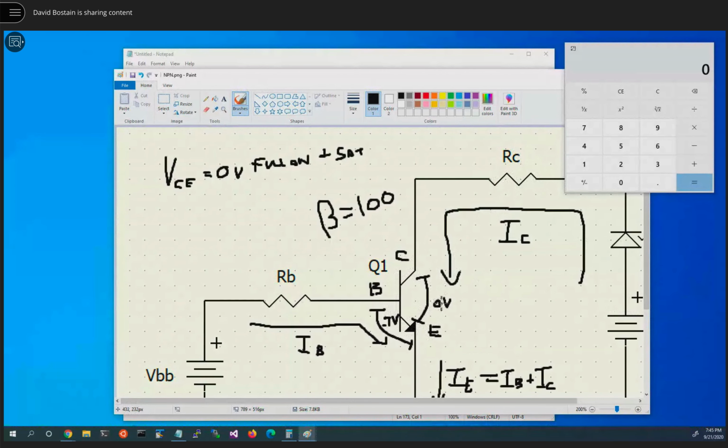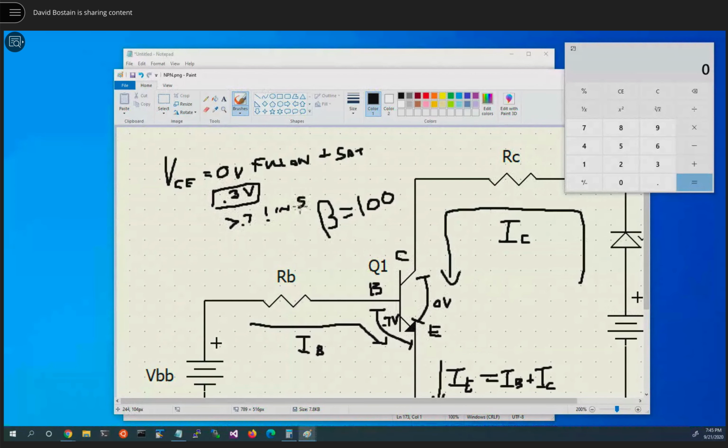Now, in real life, this is probably closer to 0.3 volts, the difference between C and E. So chances are pretty good on a test or something, I would give you a different number other than 0 volts. If, however, I gave you a number which was higher than 0.7, so if it's greater than 0.7, you are not in saturation.